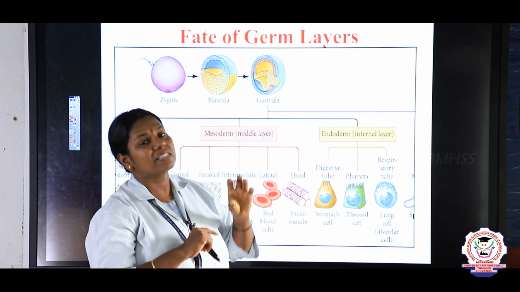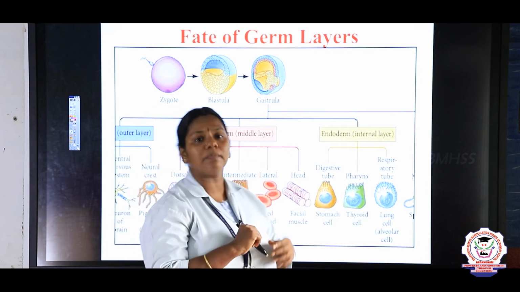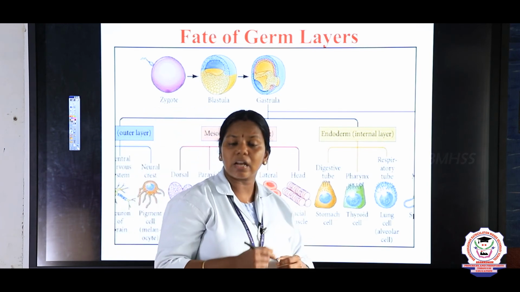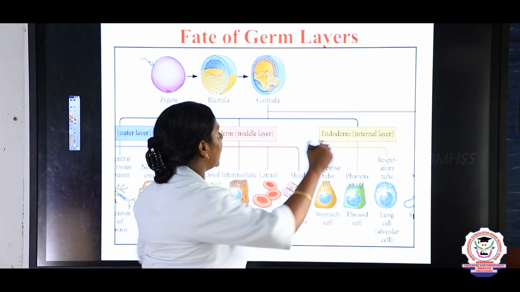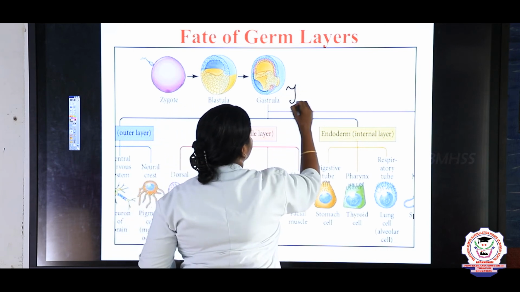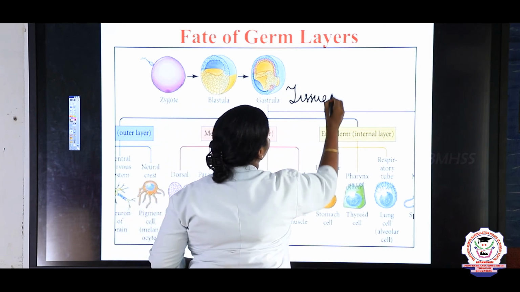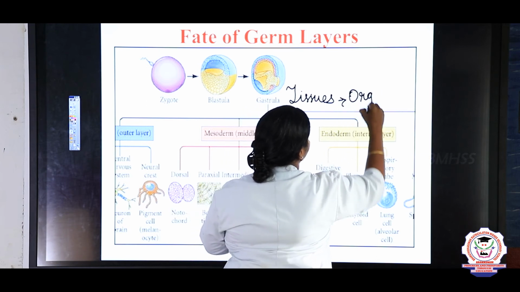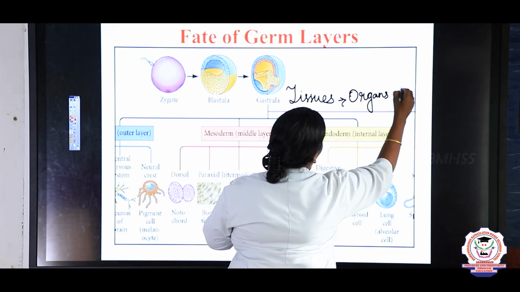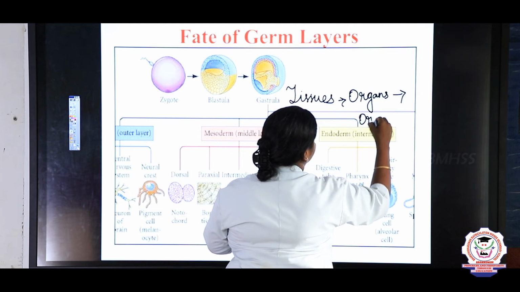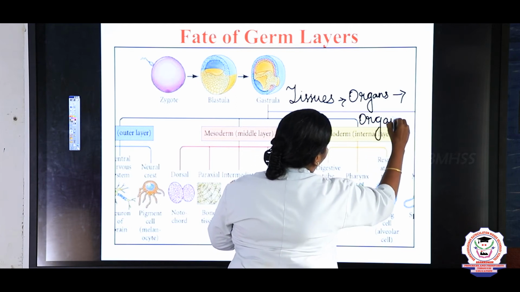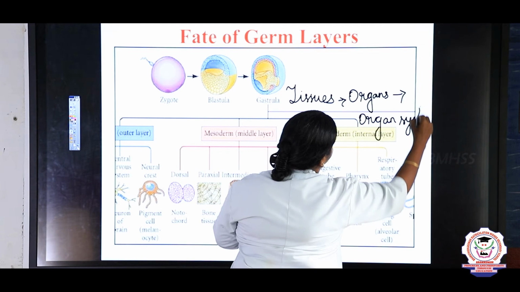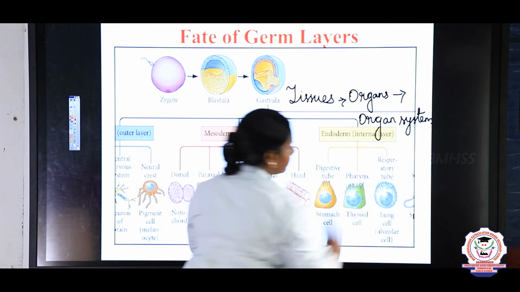And here what happens, children? All the germ layers differentiate into tissues, and tissues later develop into organs, and organs together form the organ systems. Okay.